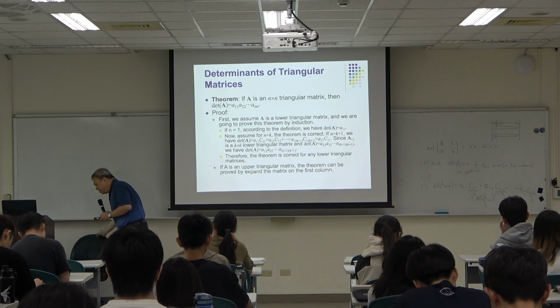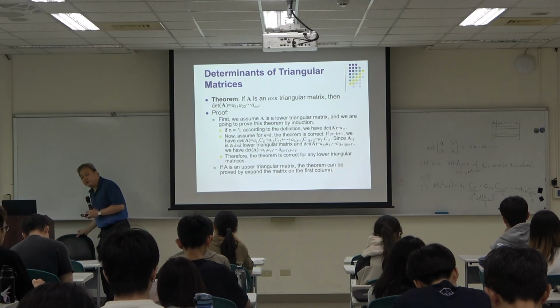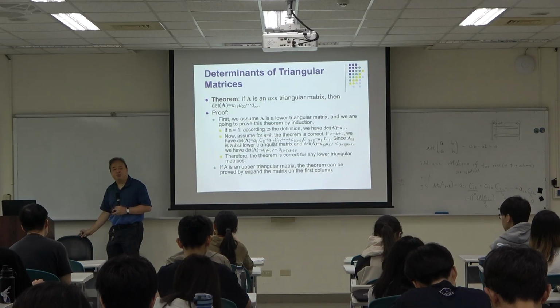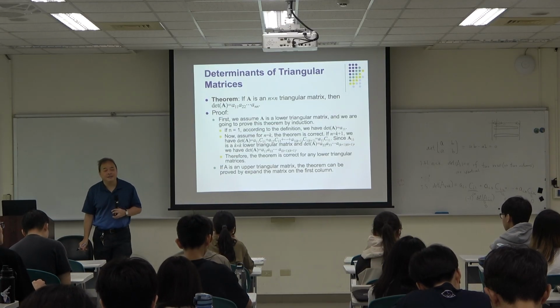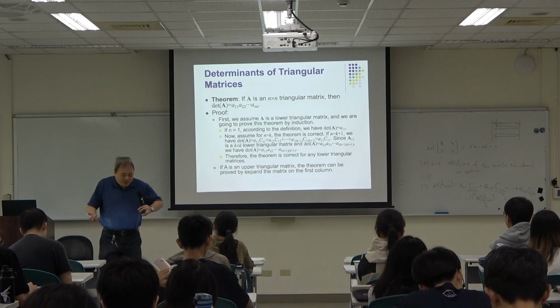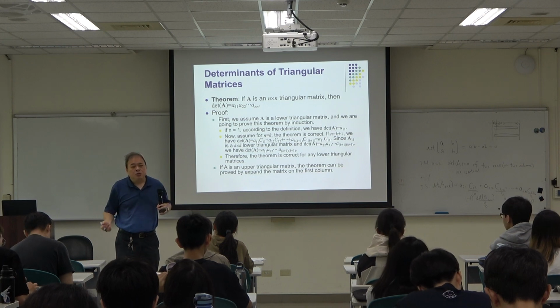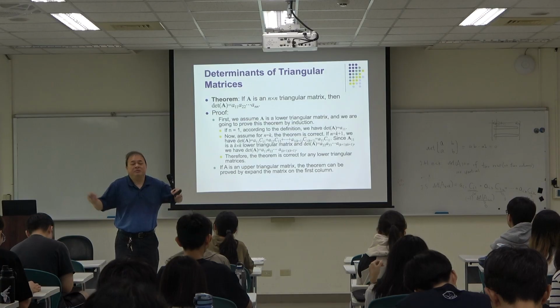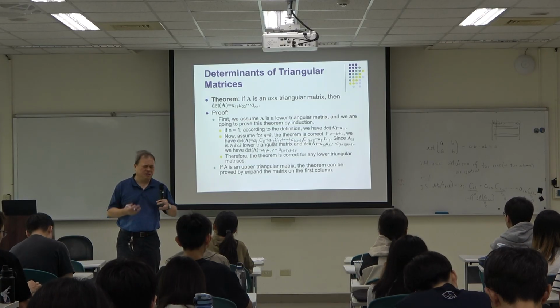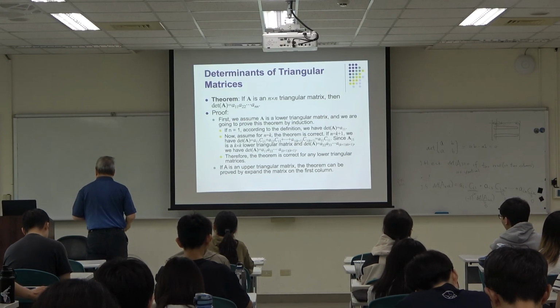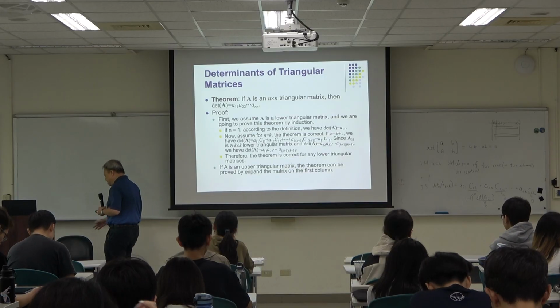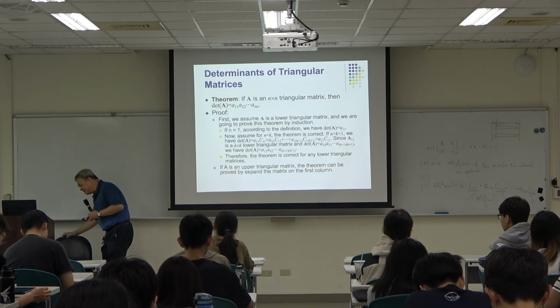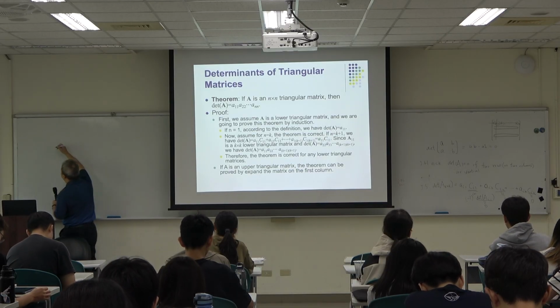Because you are talking about triangular matrices, they are either upper triangular or lower triangular. Without loss of generality, we can assume it's upper triangular. If it's lower triangular, it's similar, but you need to do it slightly differently.